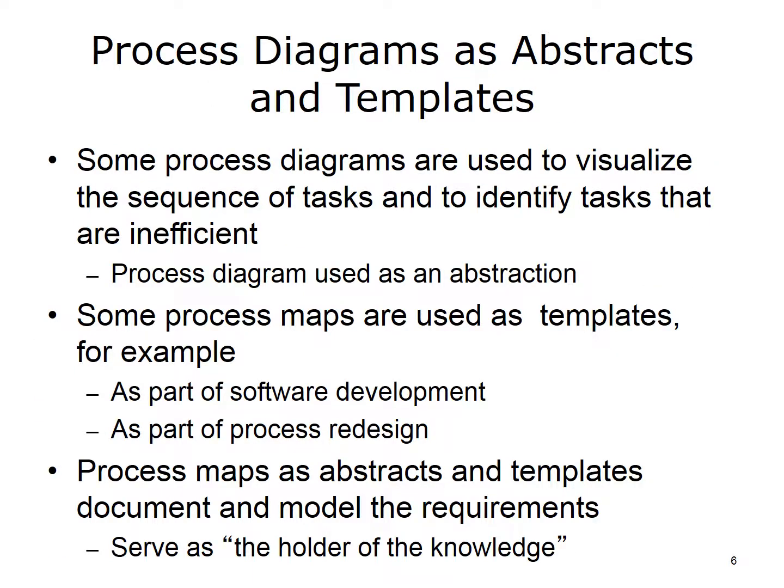Some process diagrams are used to visualize the sequence of tasks and to identify tasks that are inefficient. This is a process diagram used as an abstraction, i.e., a representation of the process that shows the aspects that can help us identify unnecessary or wasteful steps. Other process maps are used as templates, for example, as part of software development.